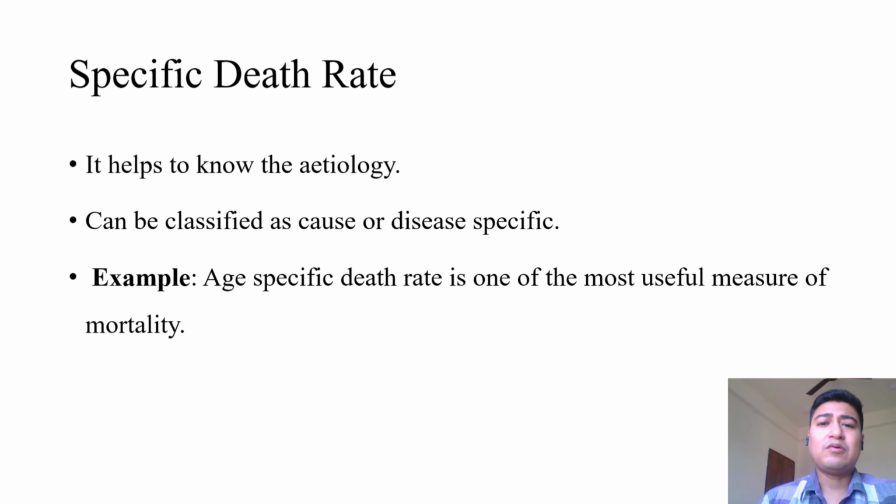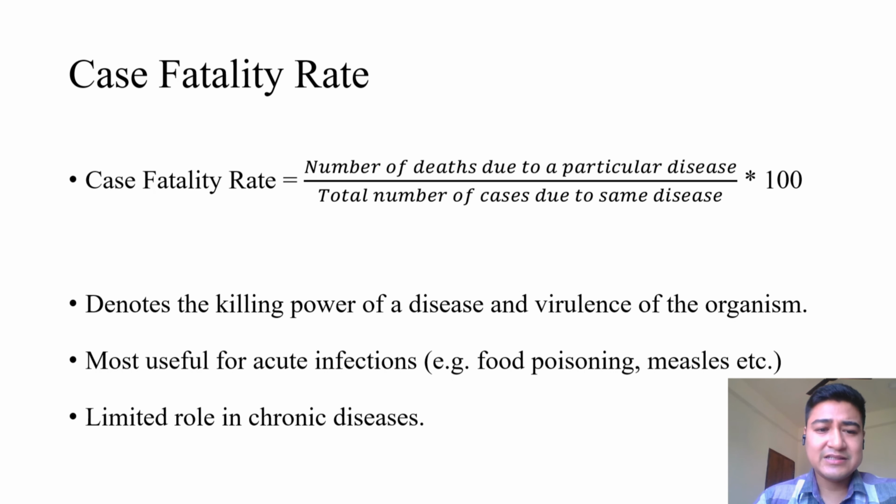Now, moving forward in the presentation is the case fatality rate. Mathematically, case fatality rate is the number of deaths due to a particular disease divided by the total number of cases due to the same illness, multiplied by 100.